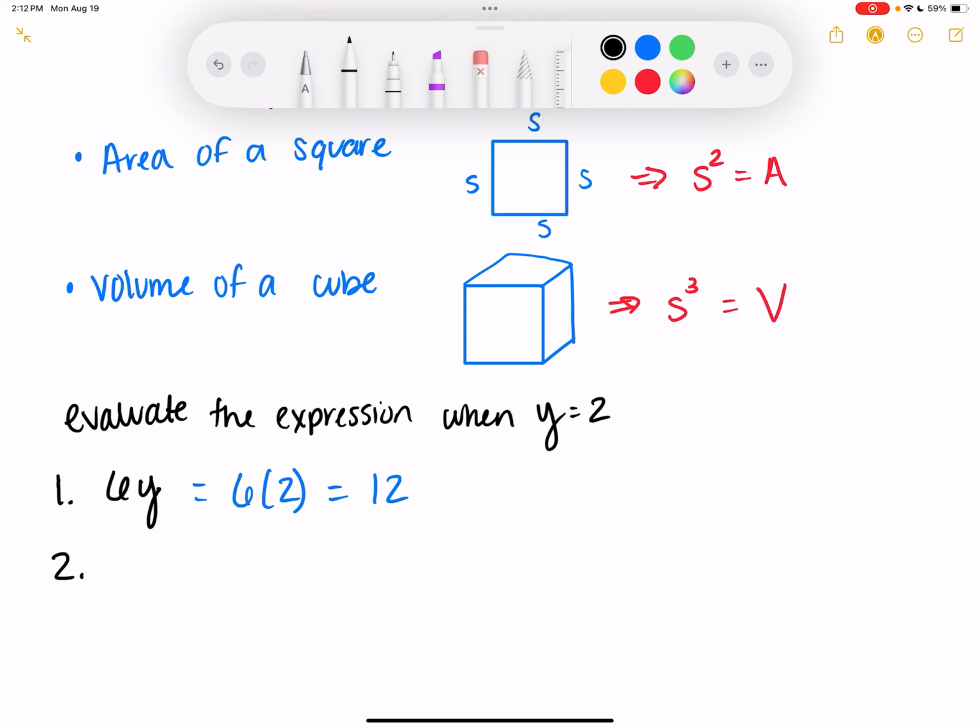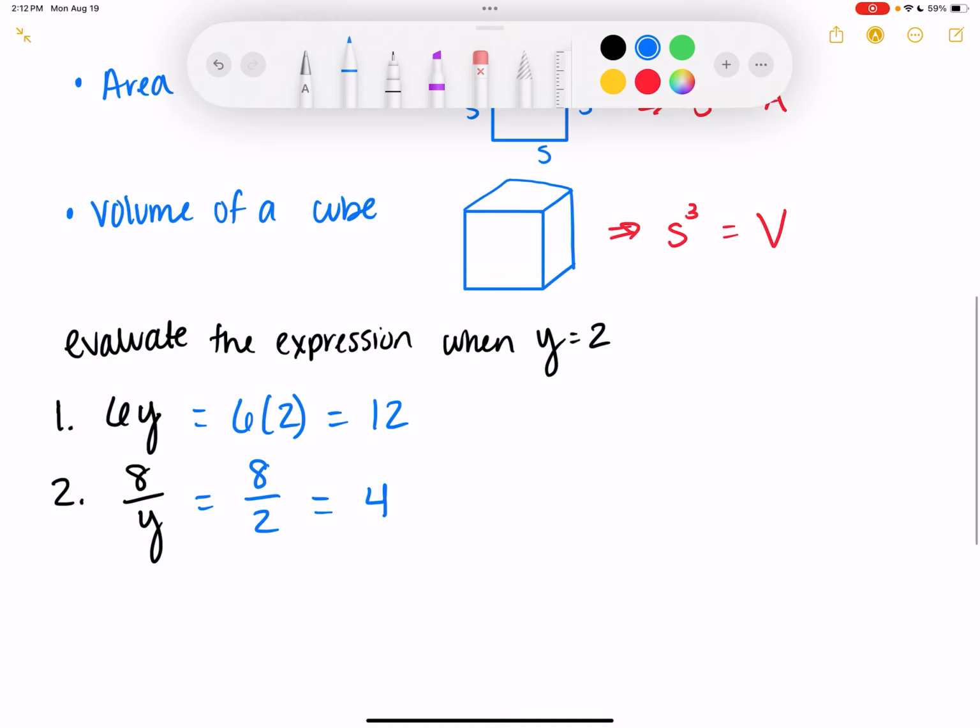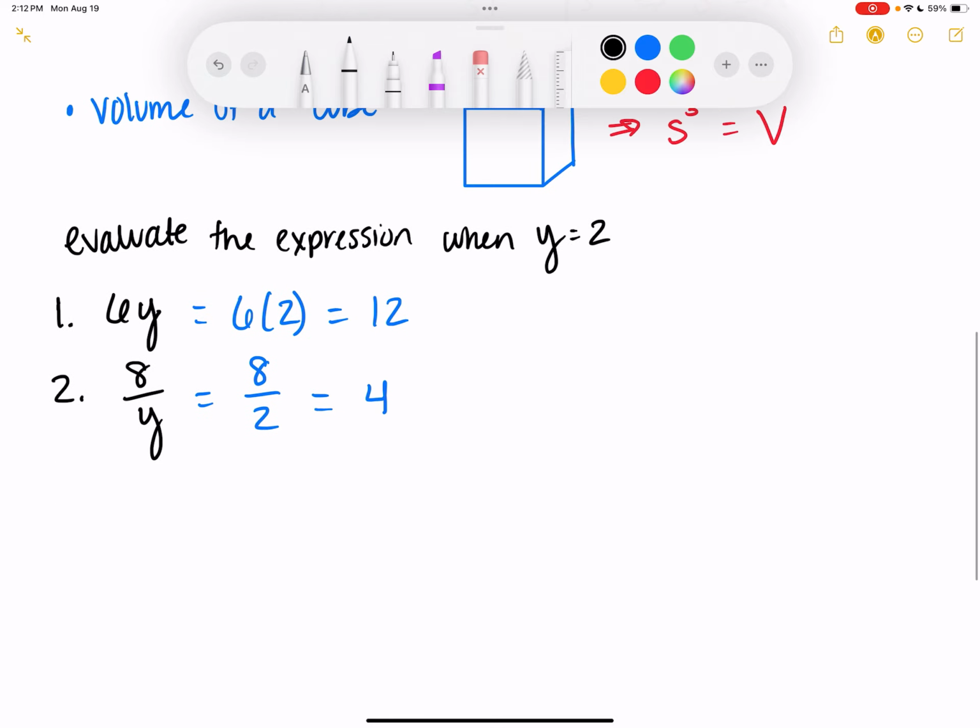So again, y is going to stay 2 for these next couple of problems. 8 divided by y. So I would do 8 divided by 2, which is what? 4. Three, I've got y plus 4.